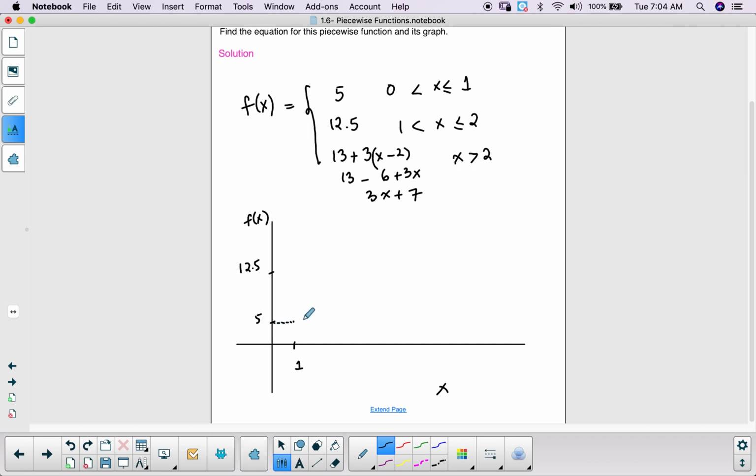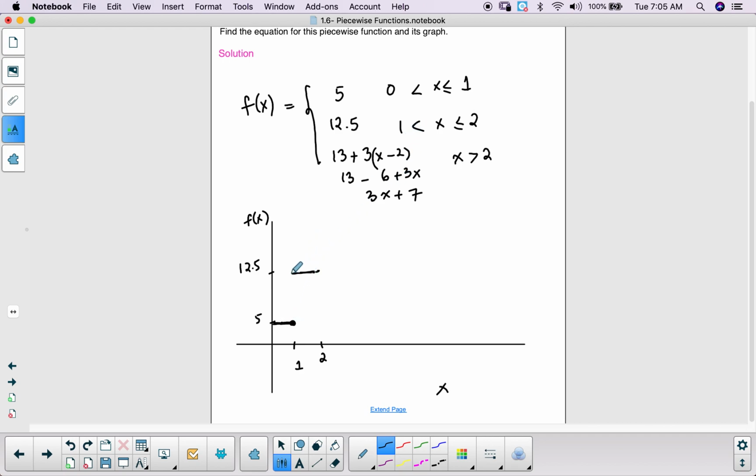So 0 to 1, you have 5. And then from 1 to 2 hours, you have 12 and a half. And here, when you draw the graph, you have to show that 1 is a complete circle there.